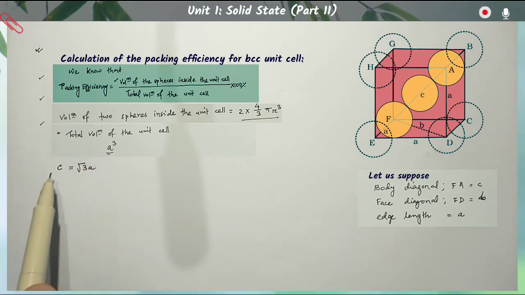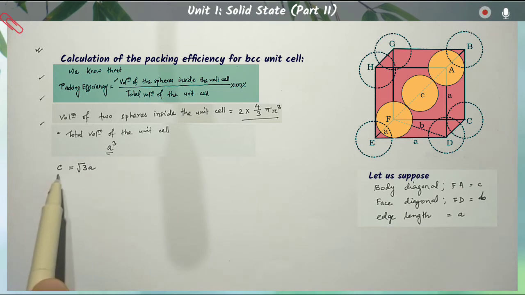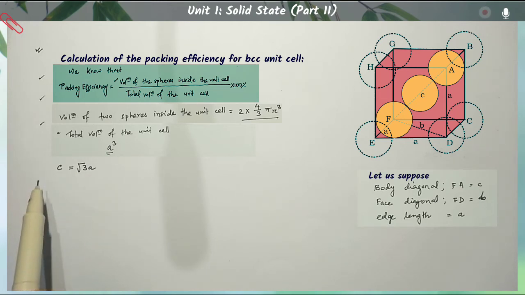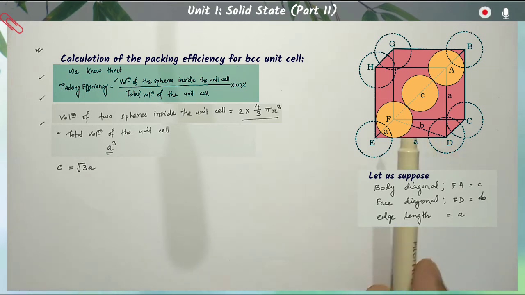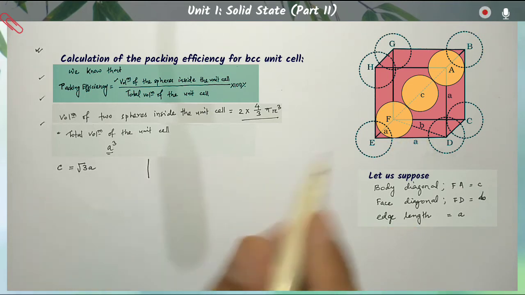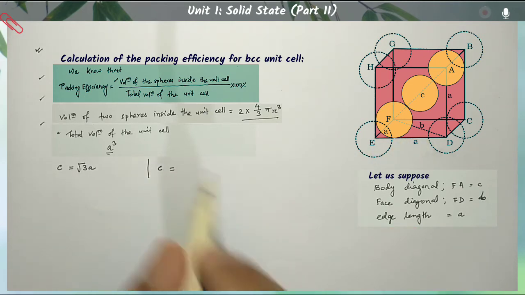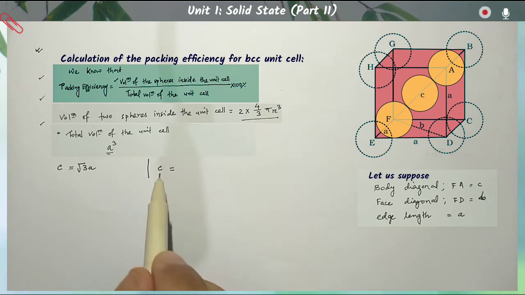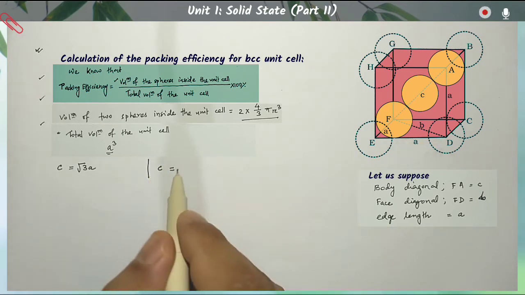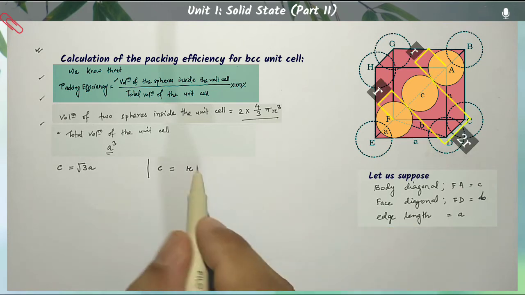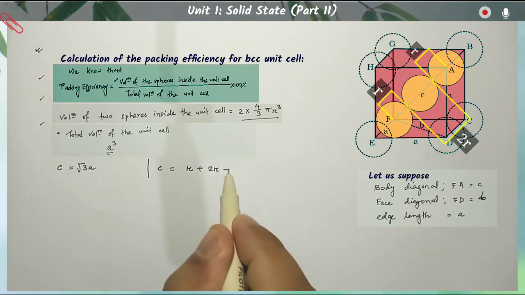For that, we have to convert this C in terms of small r. So again we have to go to the figure. If you look at this figure, you are able to see that the value of C, that means the length of this body diagonal, is equal to r plus 2r plus r.